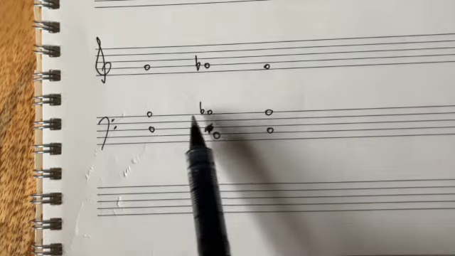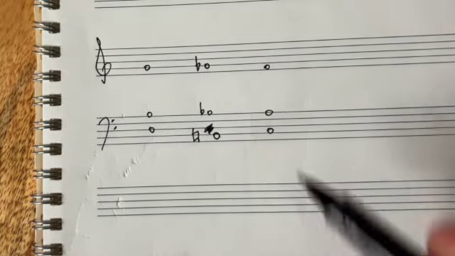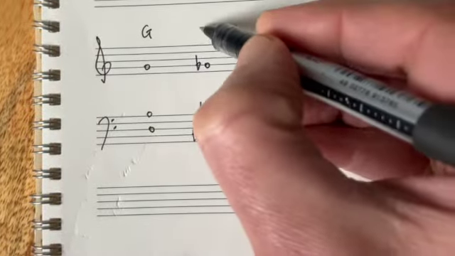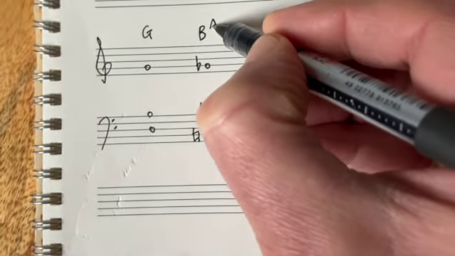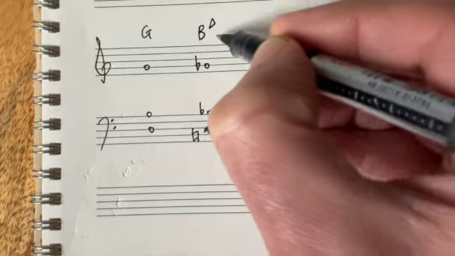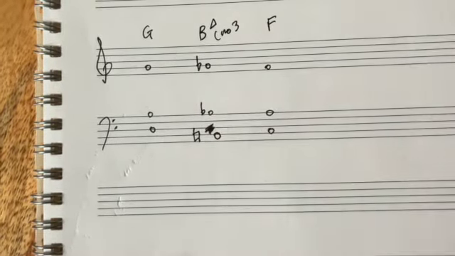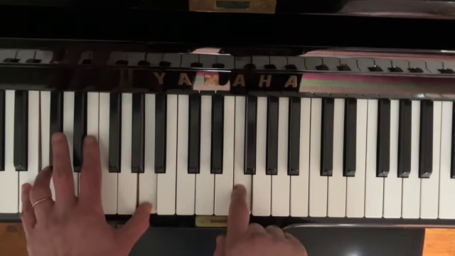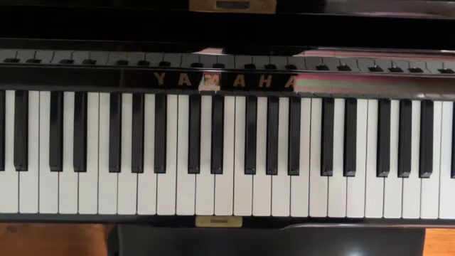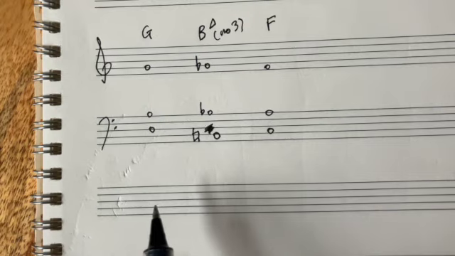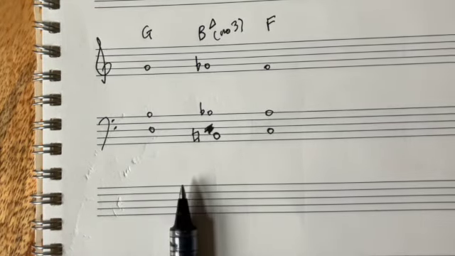But then in combination with this, you've got a kind of G there, then you've got B major with no third, and then F. So you get simple movement, but harmonically the sound is complicated.